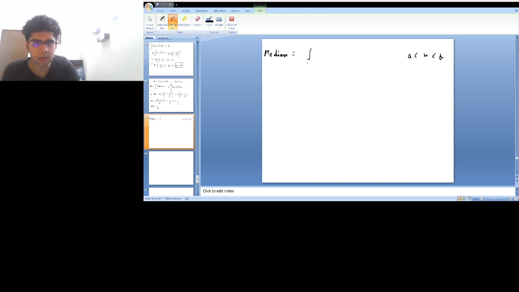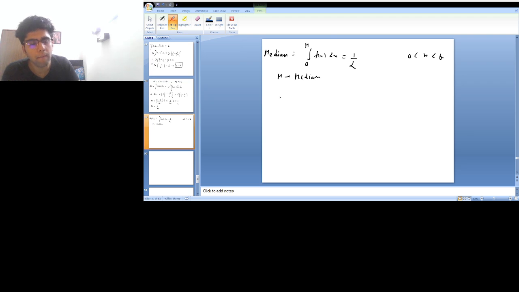So m will be any number such that when I integrate from the lower limit to m, the value of f(x) dx should be equal to half. The probability of integrating this PDF from the lower limit to any number m should give me half, and if this happens, we say that m is the median, right?